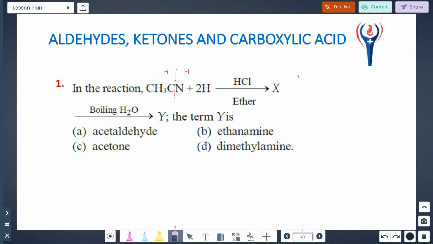So CH3CN undergoes reduction, we get the product CH3CH double bond NH. Again, which on boiling gives the compound. That compound we have to find out here.